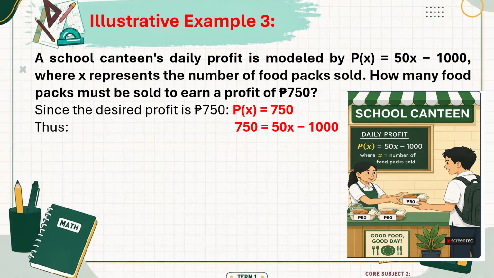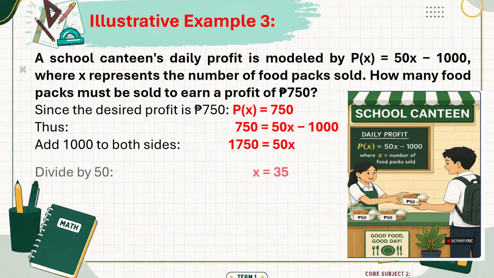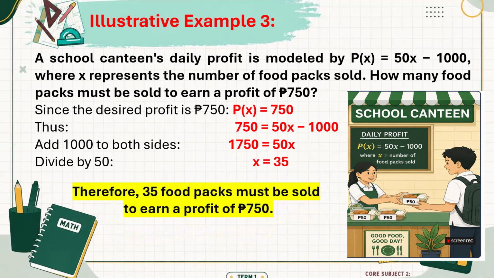The next step is to add 1,000 to both sides. So that becomes 1,750 is equal to 50x. For the final answer, we divide by 50 both sides. That gives us x equals 35. Therefore, 35 packs must be sold to earn a profit of 750.